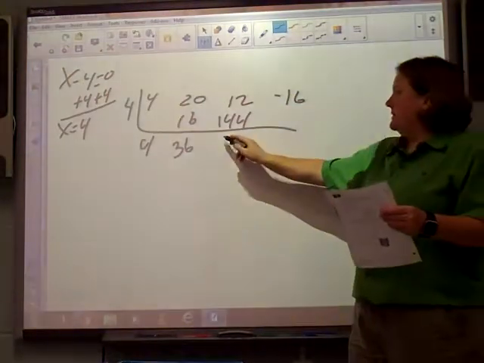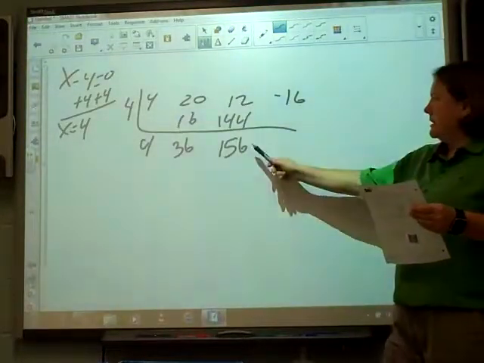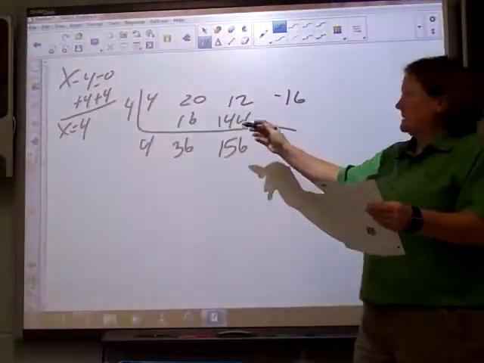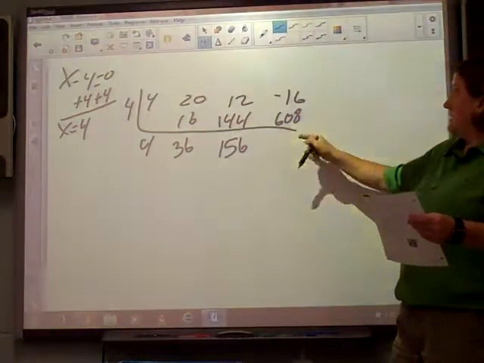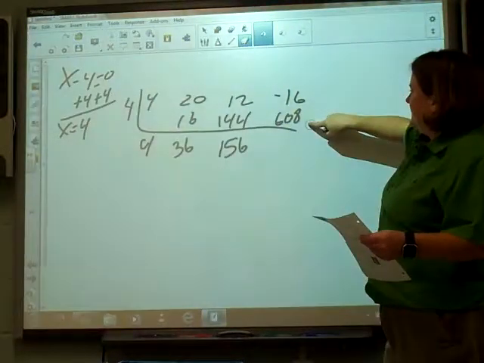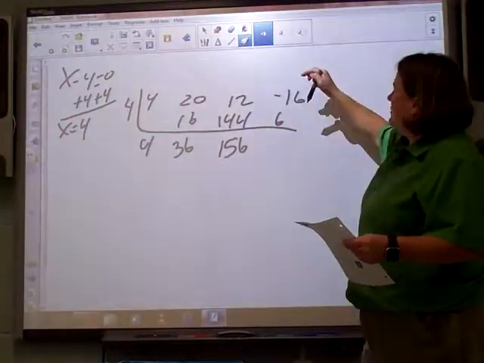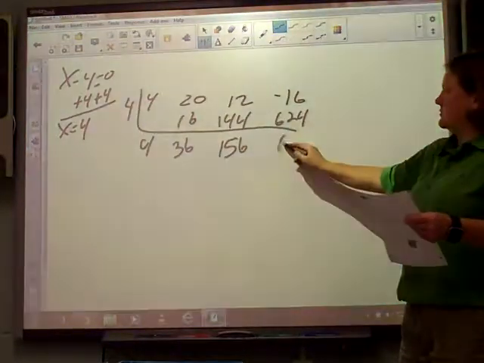Add and get 156. I did this yesterday, I don't just know these. 156 times 4 was 608. Nope, it wasn't, that's what I get. It was 624. 156 times 4 is 624. When I add that, I get the 608.